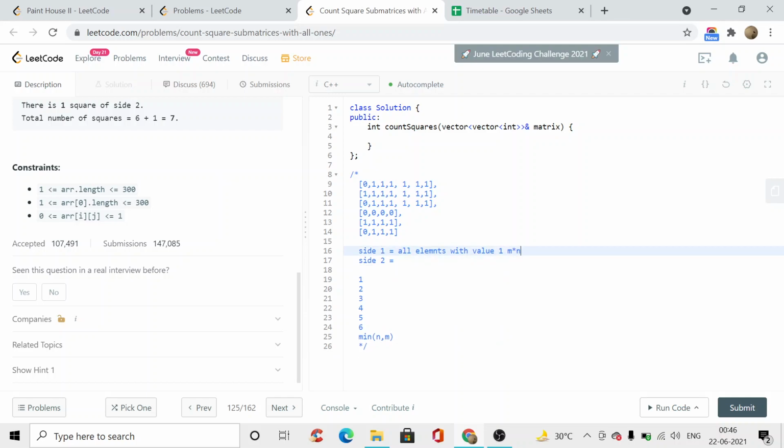Then next will be 2 by 2, and we need to check. If we check all of them, it is okay, and then we check this. So we have actually already checked this part, so we know that this is going to be all 1.